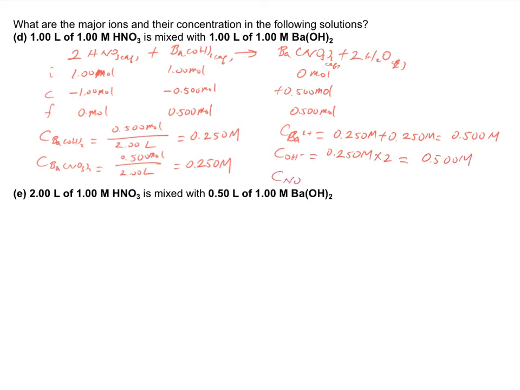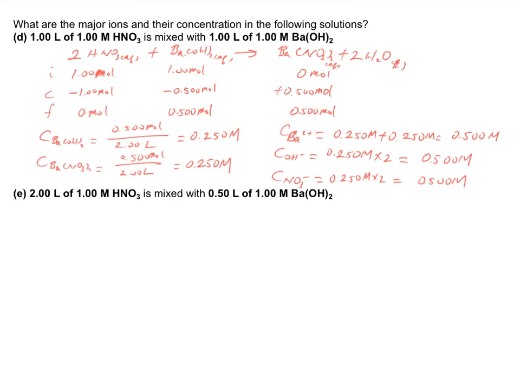And the concentration of nitrate is the concentration of barium nitrate times 2, because 1 mole of barium nitrate produces 2 moles of nitrate. So 0.250 molar times 2 gives 0.500 molar. It happened that all 3 major ions had the same concentration. It's purely by accident. I didn't mean to make it this way.